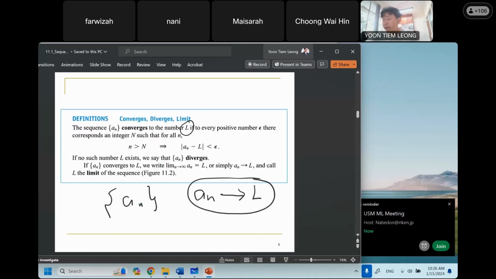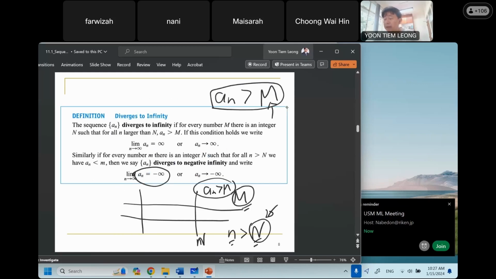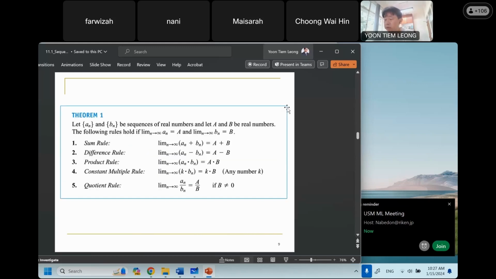Up to this point, I have been roughly going through the definitions of the convergence of a sequence and the divergence of a sequence to infinity. We need these definitions in order to go through the next slides. The next slide is a theorem that contains 5 rules.